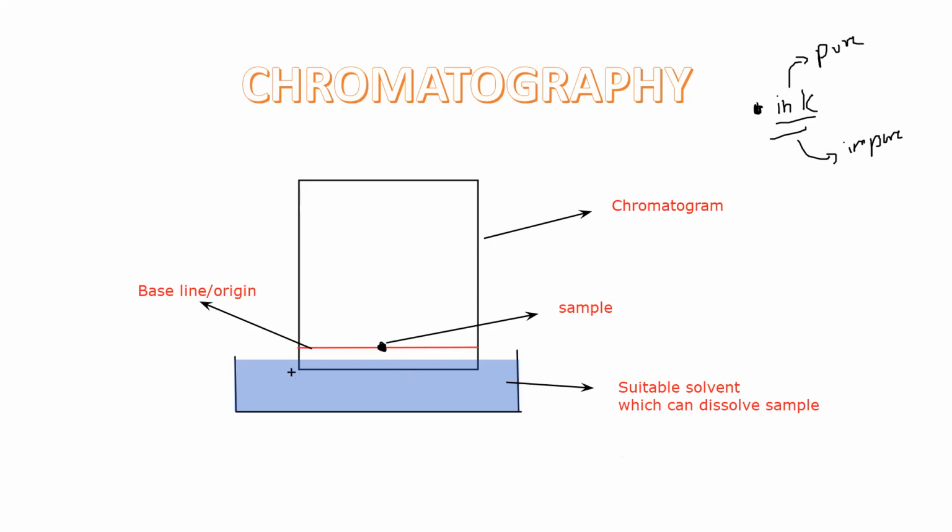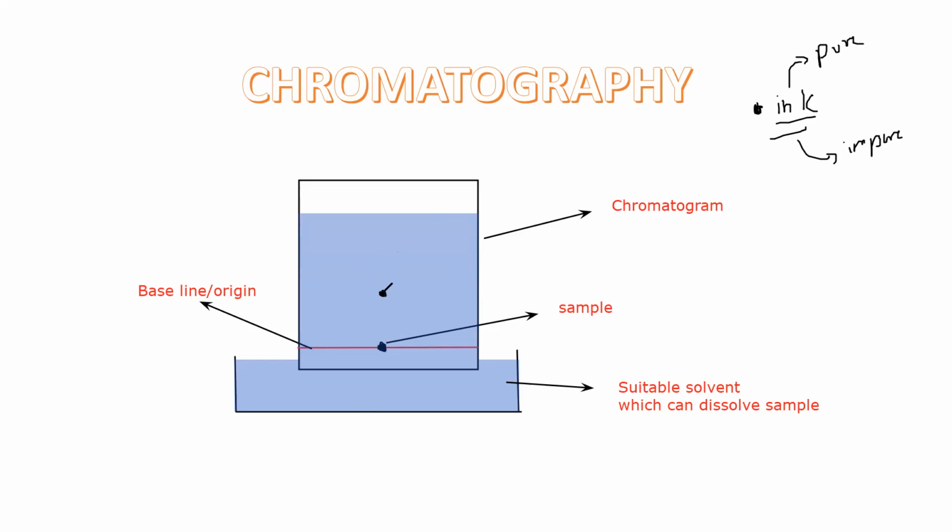Like this is the position of the solvent right now, but when you place this chromatogram, the solvent starts to rise, because this paper has a tendency to soak up moisture or solvent. The solvent will start to move up. It will rise to a certain point and then it will stop. And as the solvent is rising, the sample will also rise with the solvent, and the sample will move to a new position.